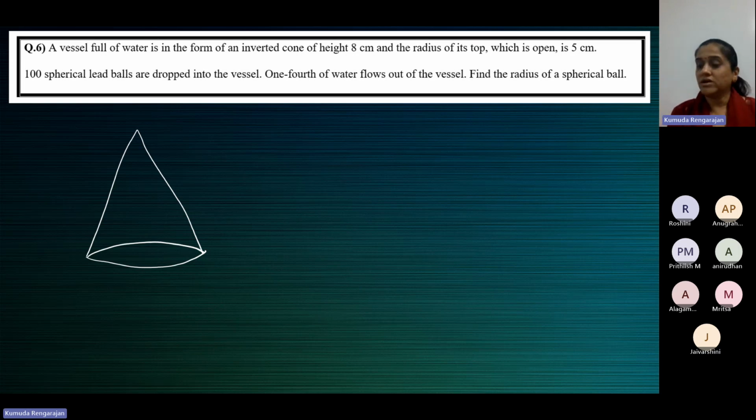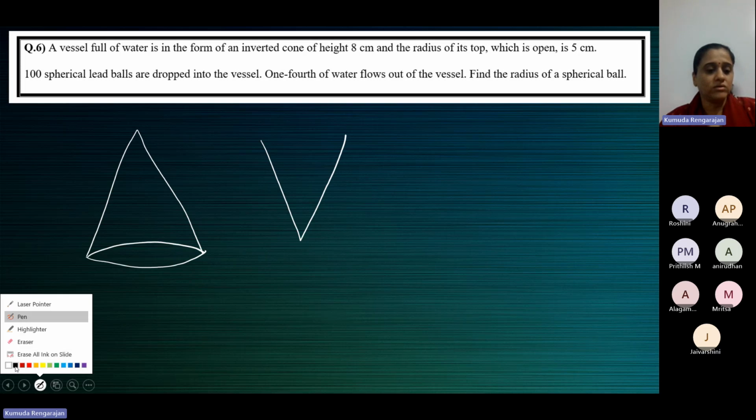Inverted cone is when you have your ice cream. When you put that conical cap, it's a cone. But when you're having an ice cream cone, it's an inverted cone. When you're using it as a vessel or a container, then it becomes an inverted cone.